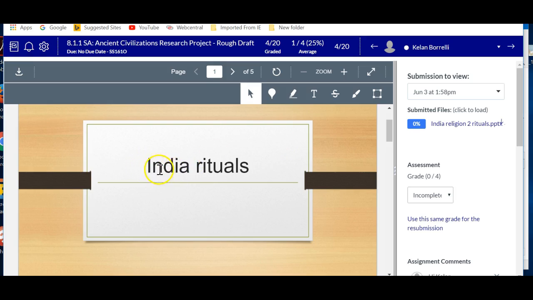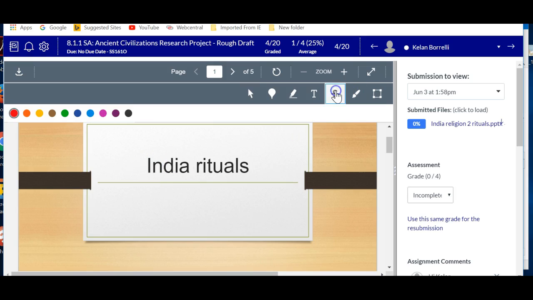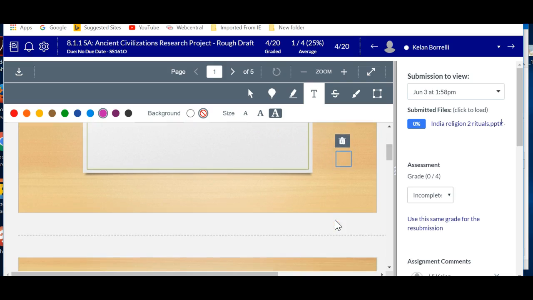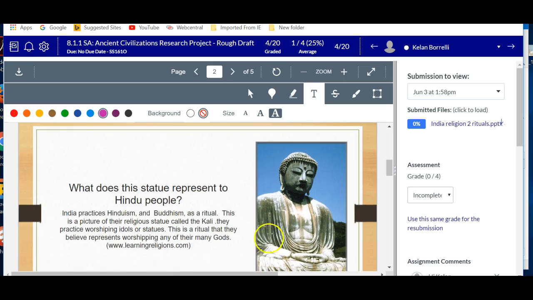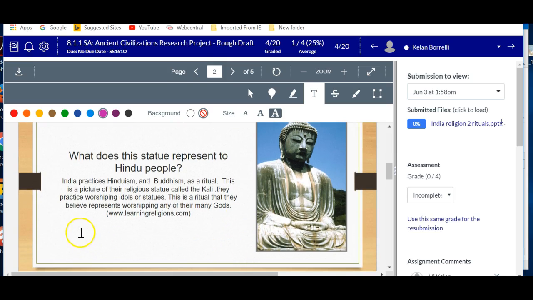So cross out India and write Hindu. Okay?